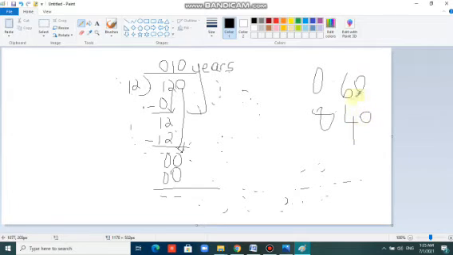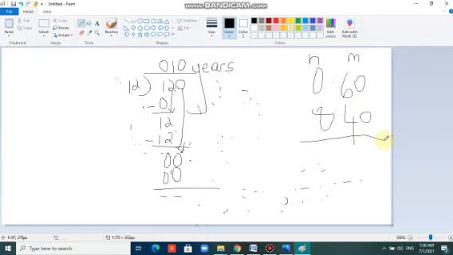So this side is the minutes, this side is the hour. She's 40 minutes late, and you want to know the time that remains for 9 o'clock.